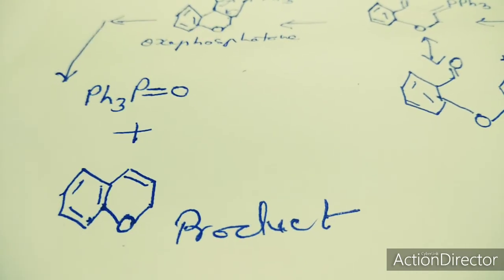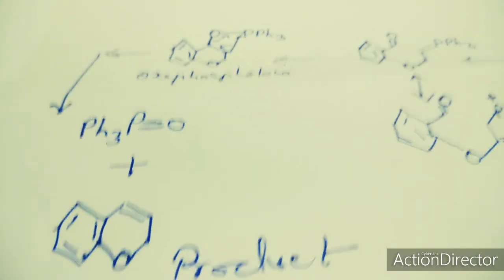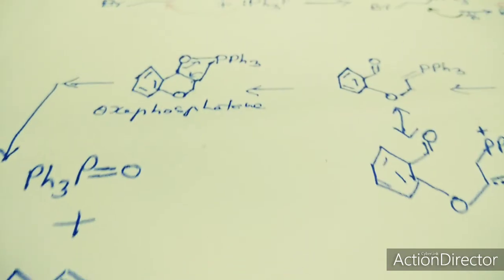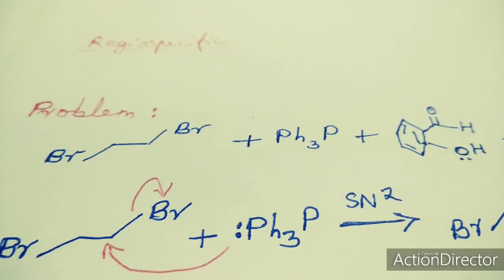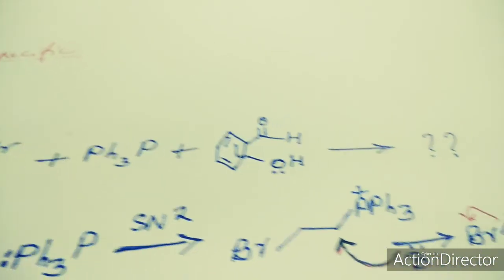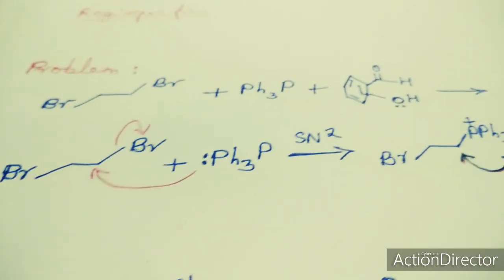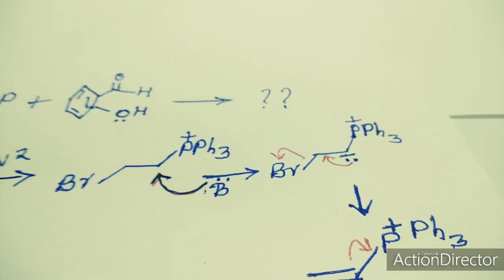So this is a very interesting reaction showing how one can use this for the formation. Earlier, see what was taken: a dihalide, triphenylphosphine, and in the presence of this, benzaldehyde. First of all, an SN2 reaction led to this type of halide.